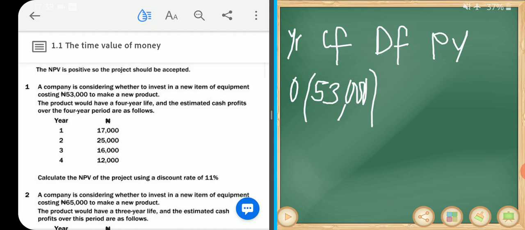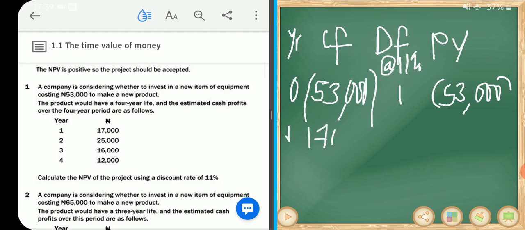Then your discounting factor: in year 0 it is always 1, because anything raised to power 0 is 1. So here will still give us 53,000.